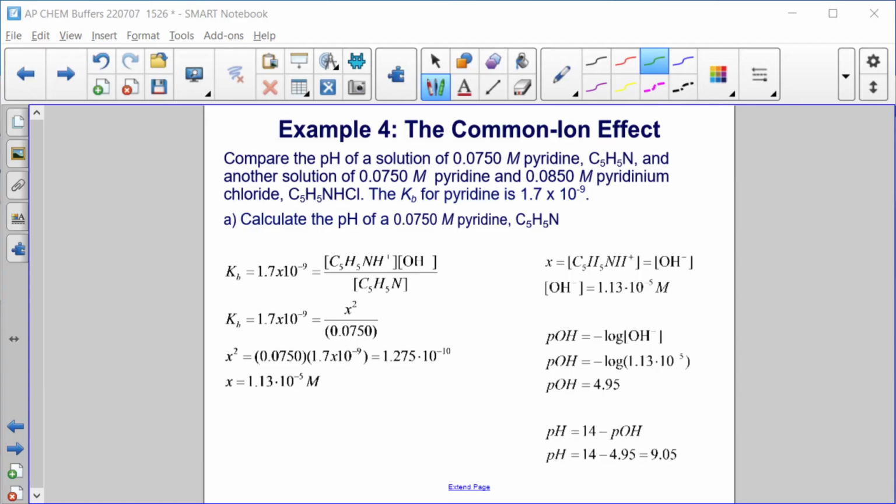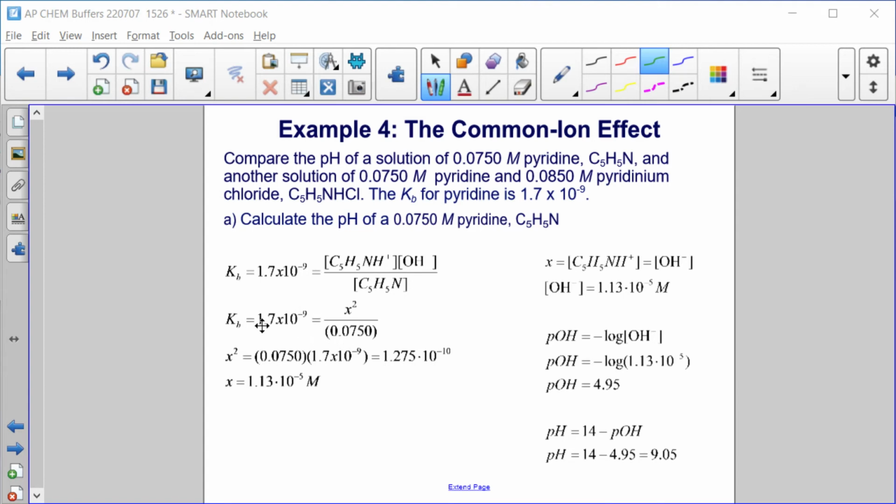All right, so once we know the equilibrium concentrations, we can write a Kb expression. This is products over reactants, and then substitute our equilibrium concentrations. For both of our products we have X, so X squared over the reactant concentration, 0.0750.